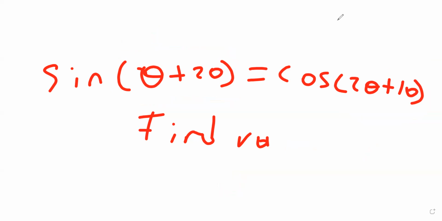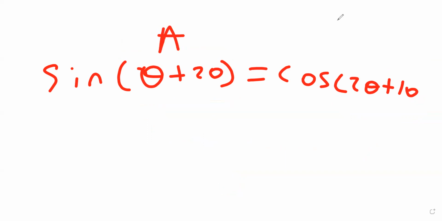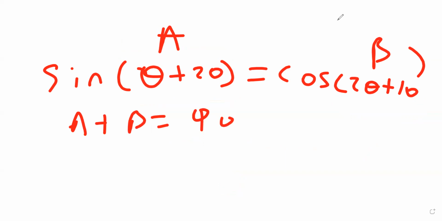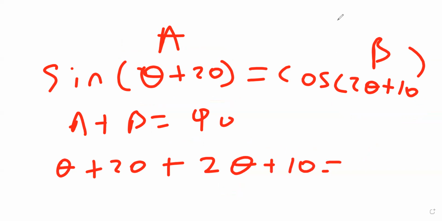So we treat this as A, we treat this as B. A plus B is equal to 90 degrees. A is theta plus 20, B is 2 theta plus 10, and we equate this to 90. This is like an equation, you're actually finding the value of x.